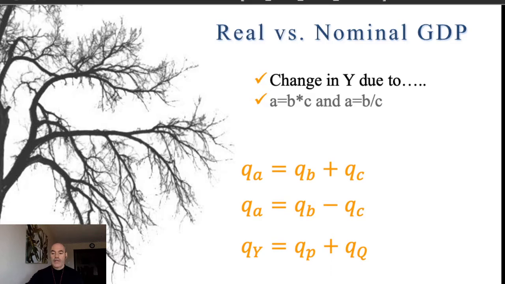So what I would like to do is to take the formula for measuring GDP, which is in front of you. This is Y equals price times quantity, and translate that into the nominal terms versus real and in growth terms.